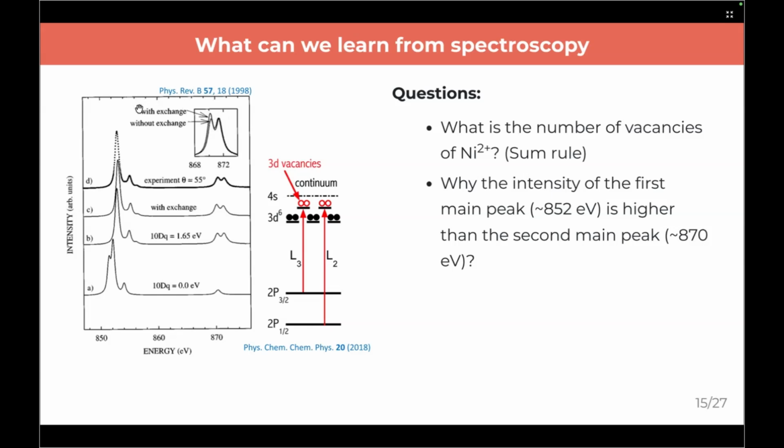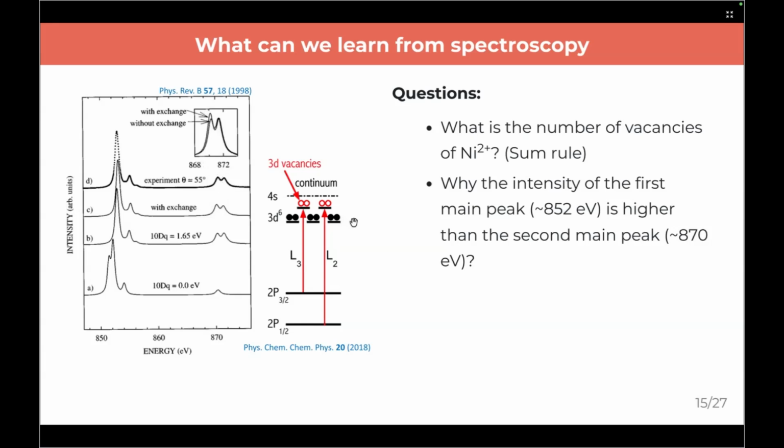If you do not include that term in your Hamiltonian, you might get the first peak only slightly higher than the second. Without exchange, the two split peaks are more or less at the same magnitude, while if you include exchange, which is more accurate, the first peak gets higher, which fits the experimental results better.